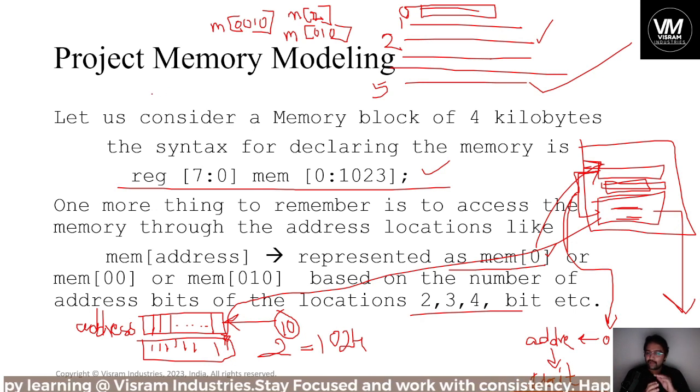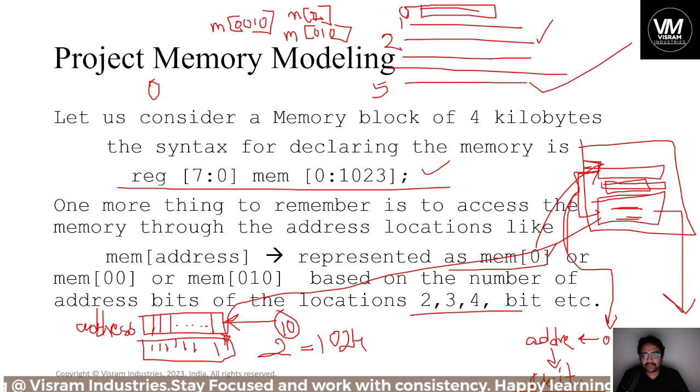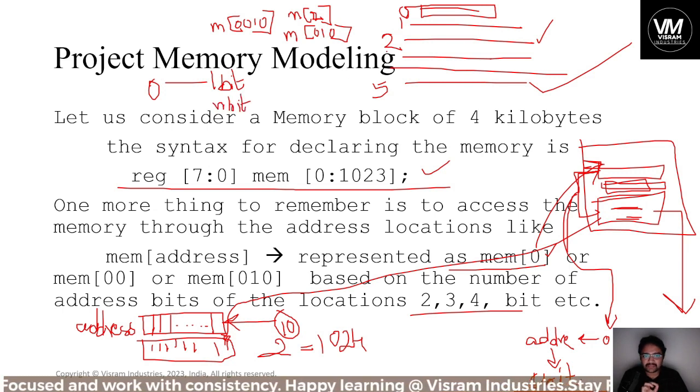Why am I saying 4-bit address? Representation of the address locations can start from 1 bit to n bits. Address is nothing but location.